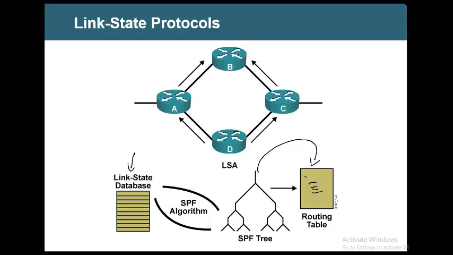Also, I said in EIGRP, the routers are not advertising all the links that they got to reach a destination. They are going to advertise you only the best route, which means some of the links are not revealed to you.